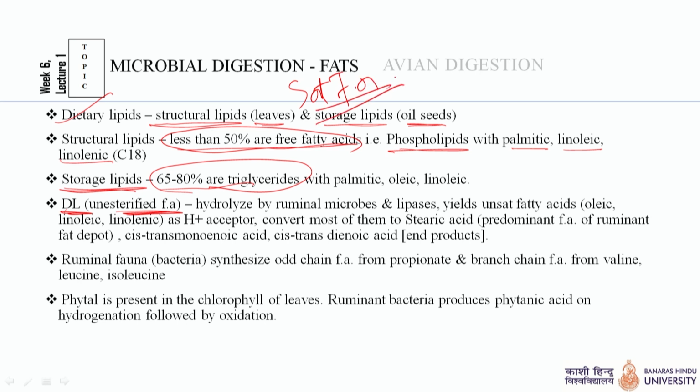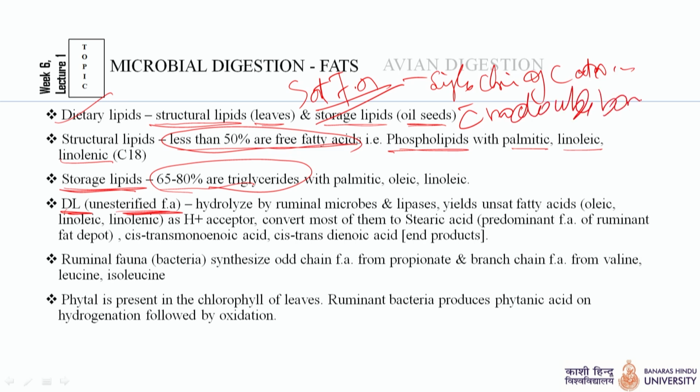These are the fatty acids which contain a single chain of carbon atoms with no double bond. Whereas the unsaturated fatty acids may have either one or more double bonds.